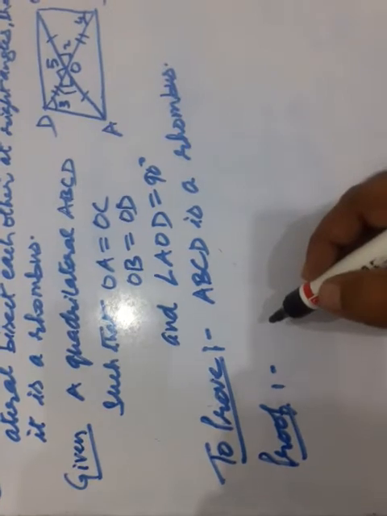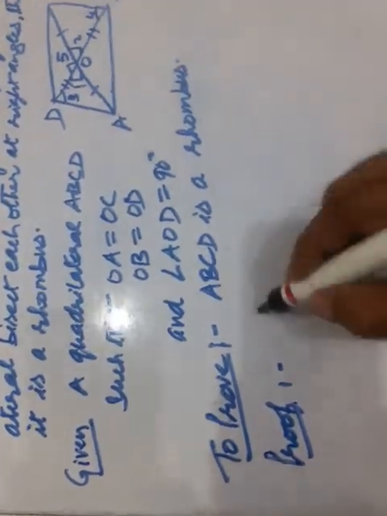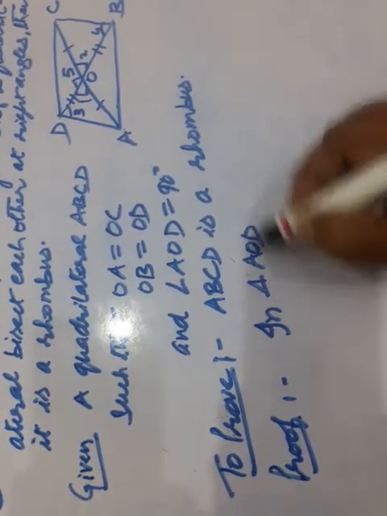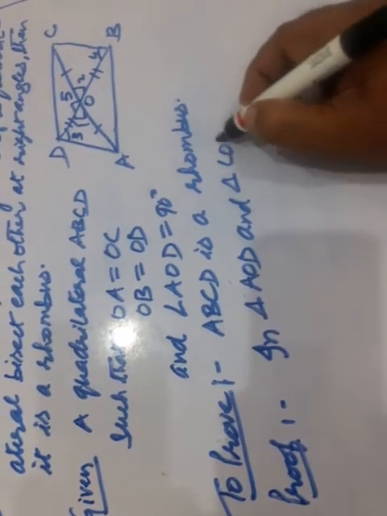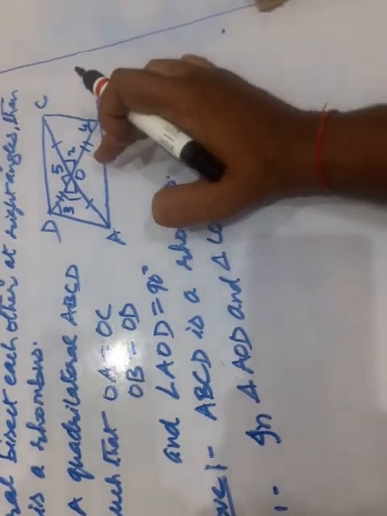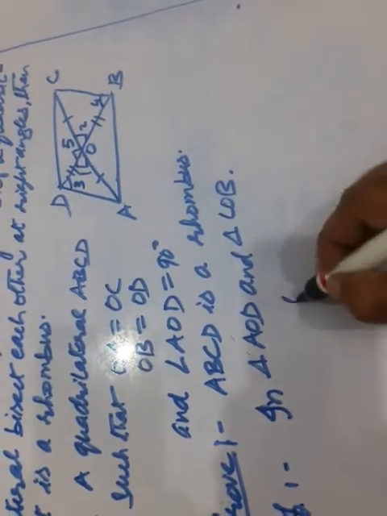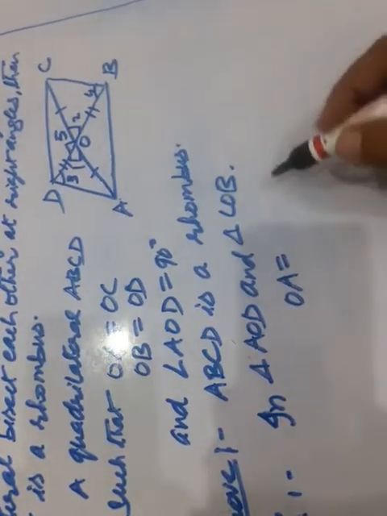In triangle AOD and triangle COB, let us see what is there. See, OA equal to OC.